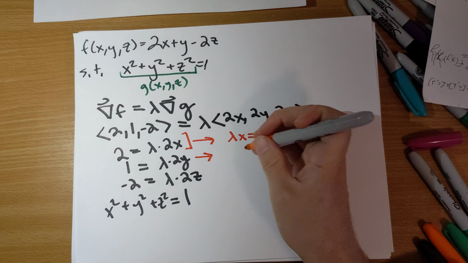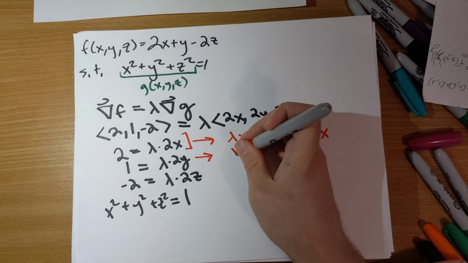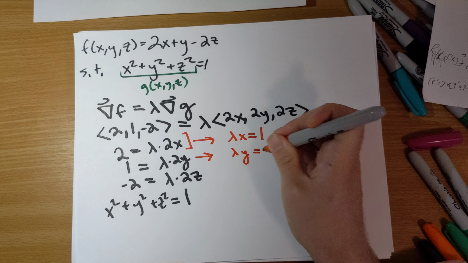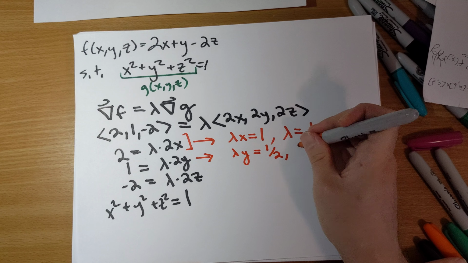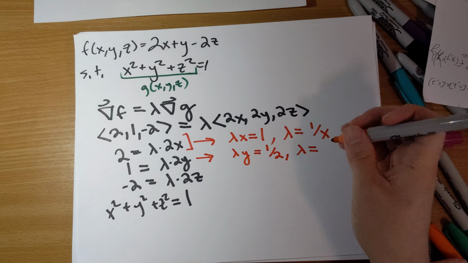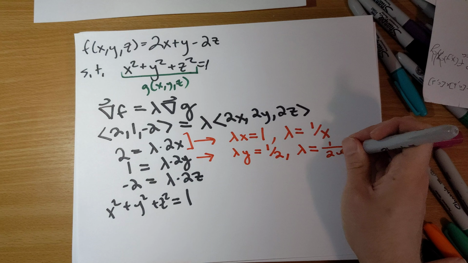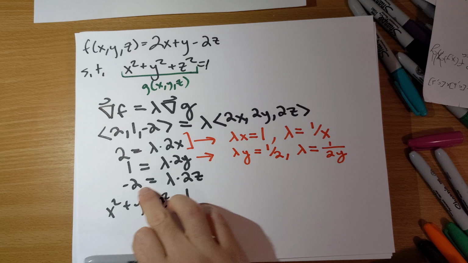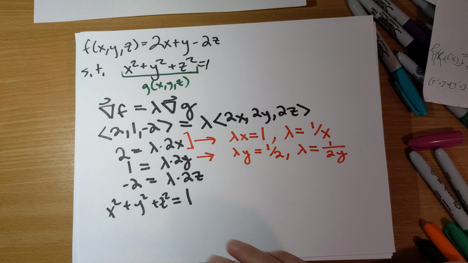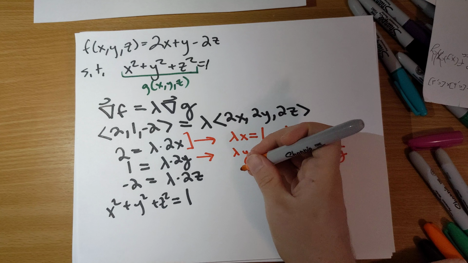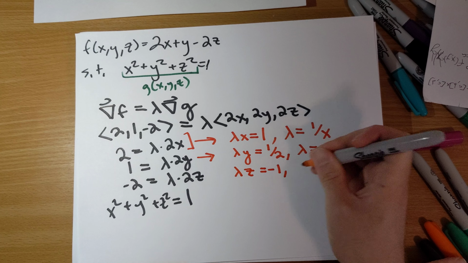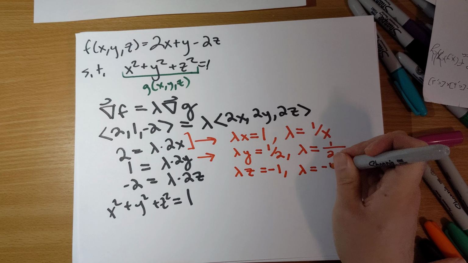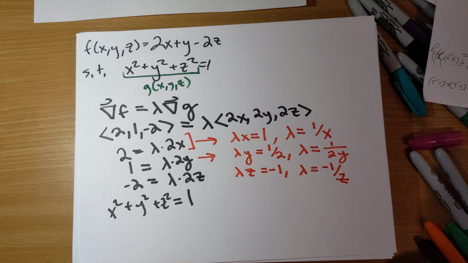This second one shows us that lambda times y is equal to 1/2, or lambda is equal to 1 over 2y. And this last one here, dividing by 2, gives us lambda z is equal to negative 1. So lambda is equal to minus 1 over z.